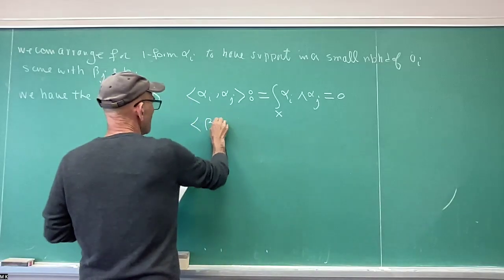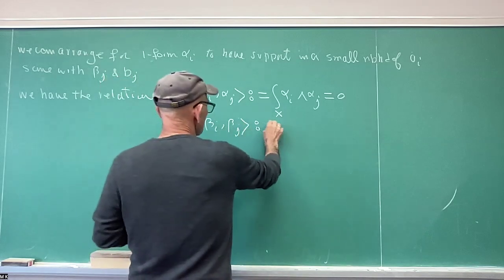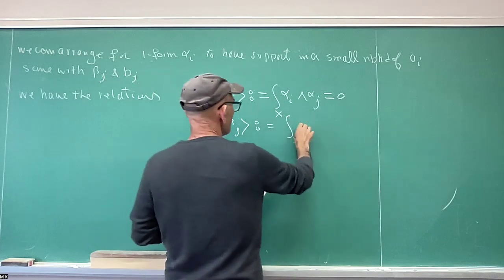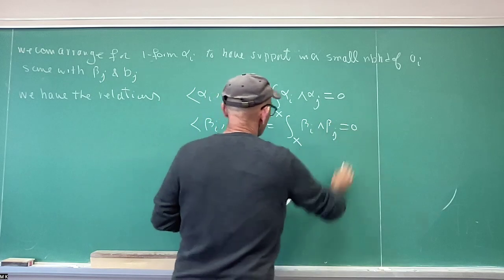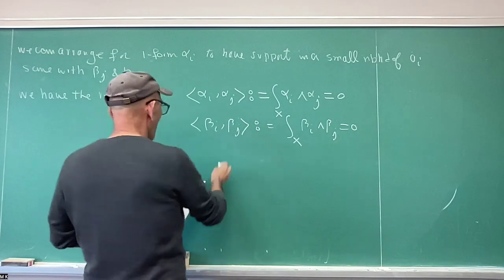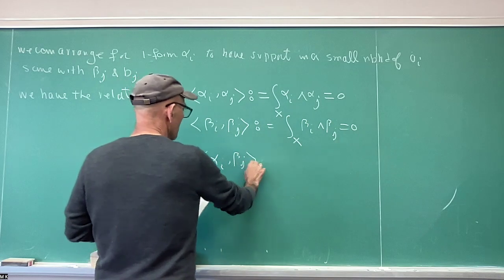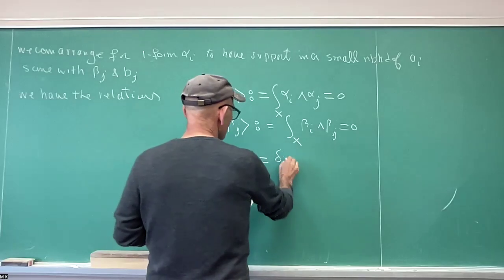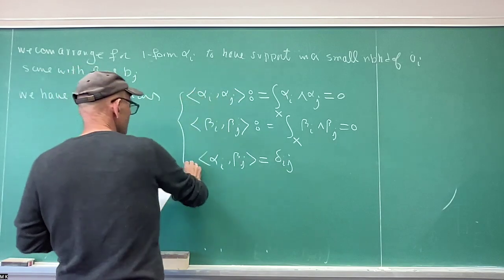Same with beta I, beta J, which is a surface integral of the two form beta I wedge beta J. This is equal to 0. And then we have alpha I, beta J is equal to delta IJ. So we have these three relations.